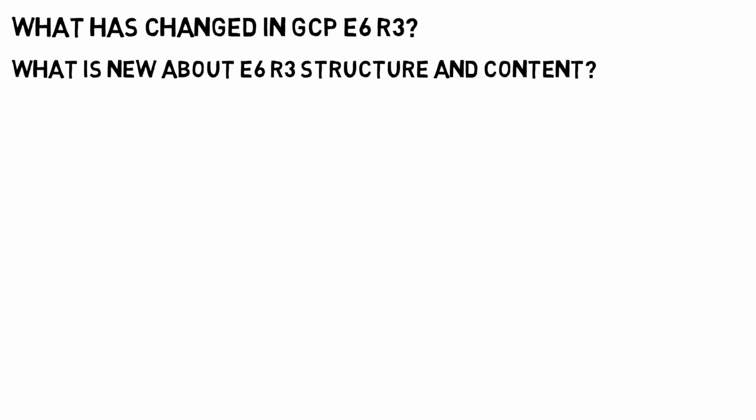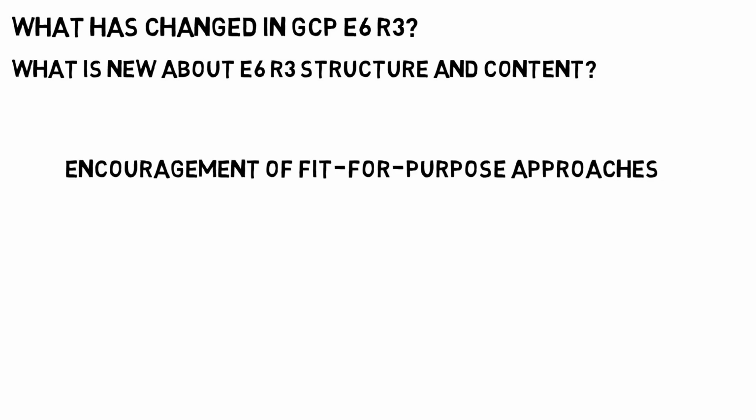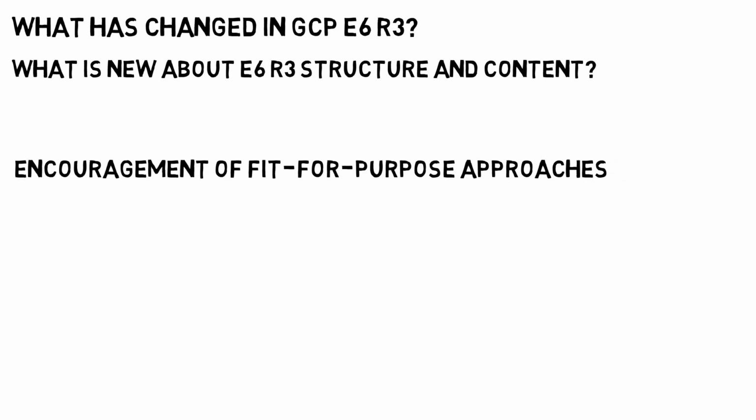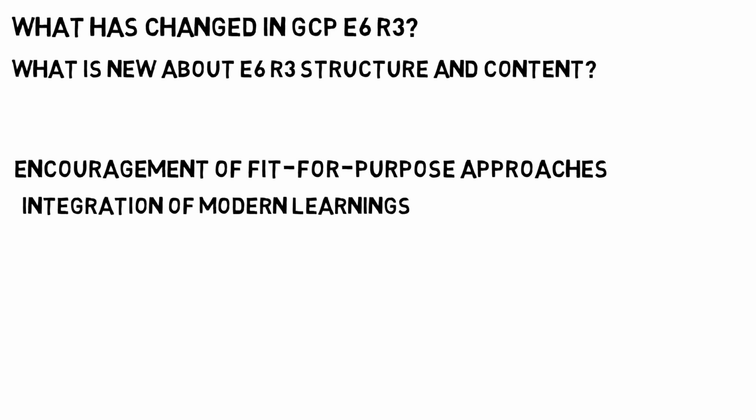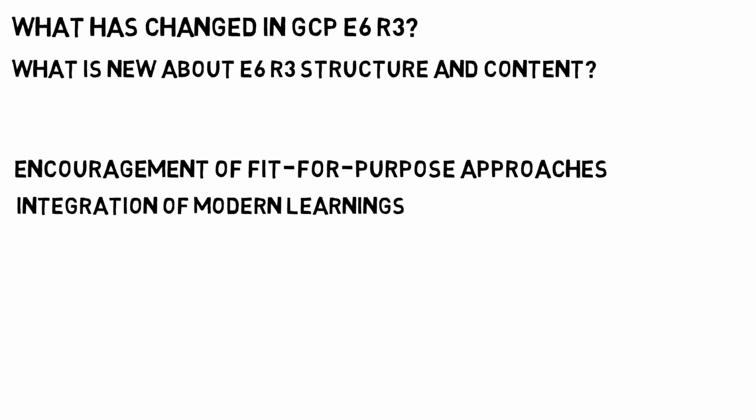Key enhancements include encouragement of fit-for-purpose approaches, which emphasize proportionality and risk-based strategies, focusing on factors critical to trial quality, those essential for participant safety and reliable trial outcomes, and promote thoughtful design and execution of clinical trials. Integration of modern learnings incorporates insights from innovative trial designs and experiences gained during public health emergencies and pandemics.